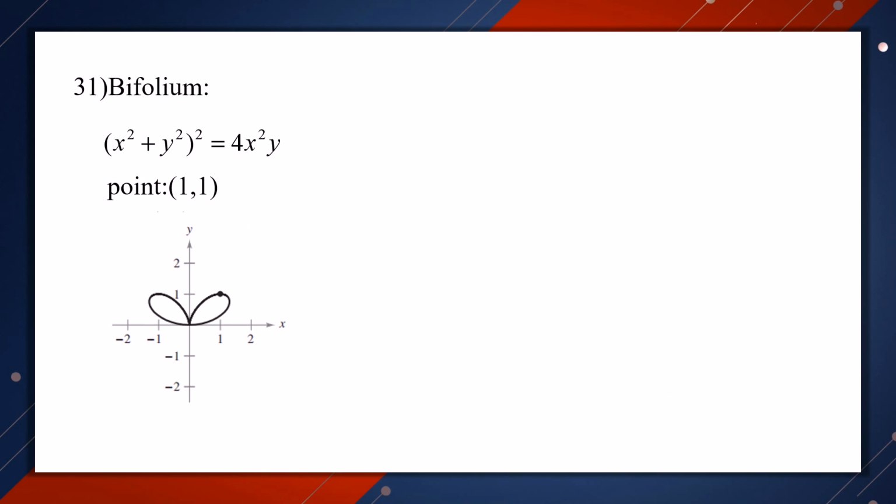And question 31, we should also find the derivative of y at the point 1, 1. And the original equation is x to the power of 2 plus y to the power of 2 squared equal to 4 times x to the power of 2 y.